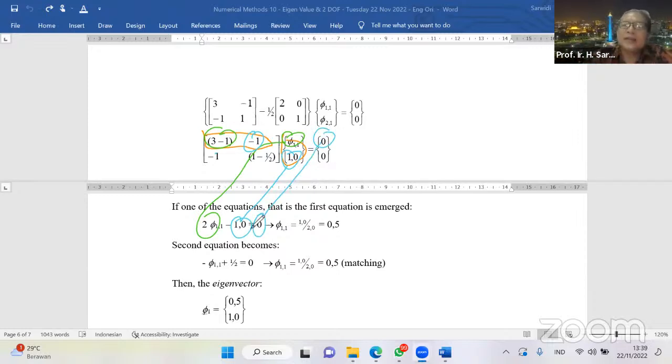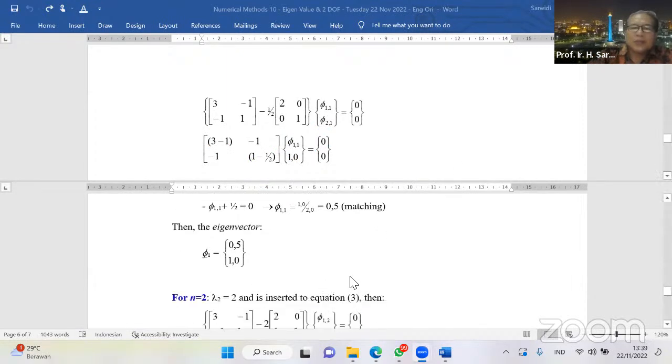I have already explained. So there are two equations that should be similar. So the eigenvector is found because we assume that one of them is 1. So this one becomes 0.5, yeah, 1.5.